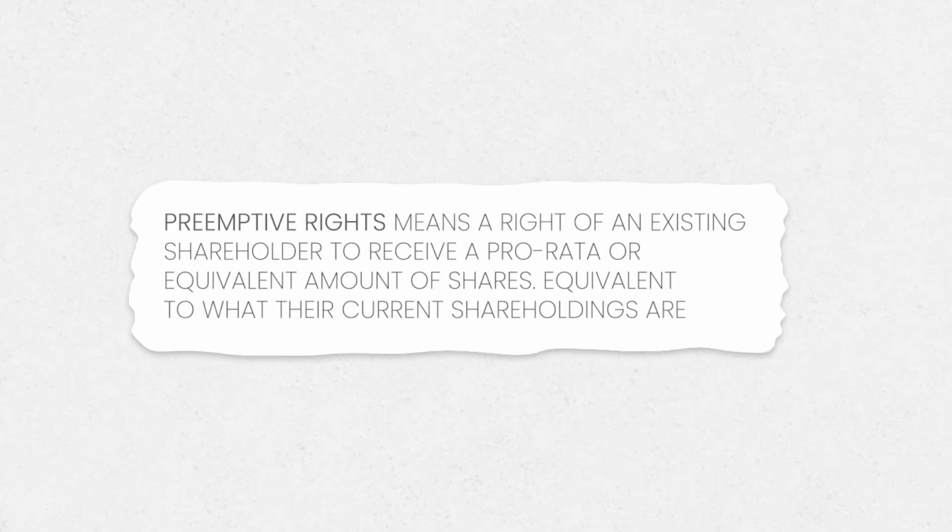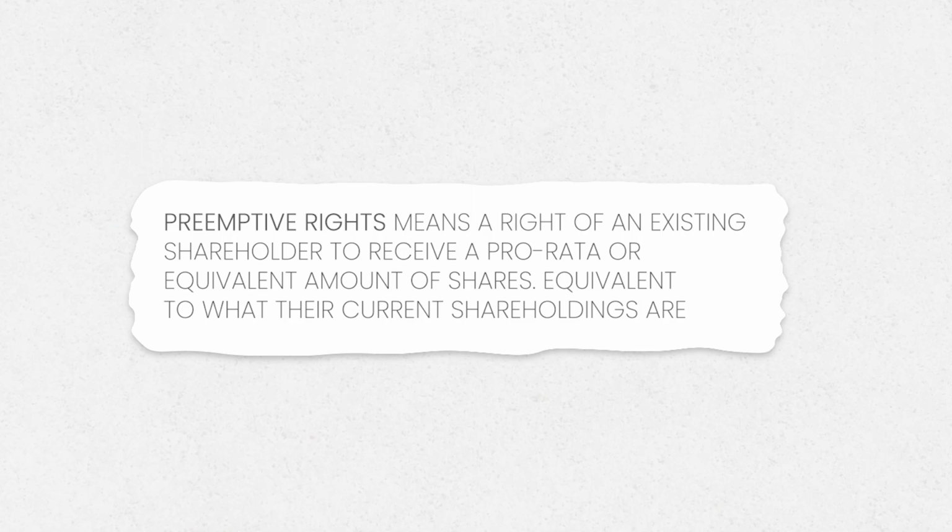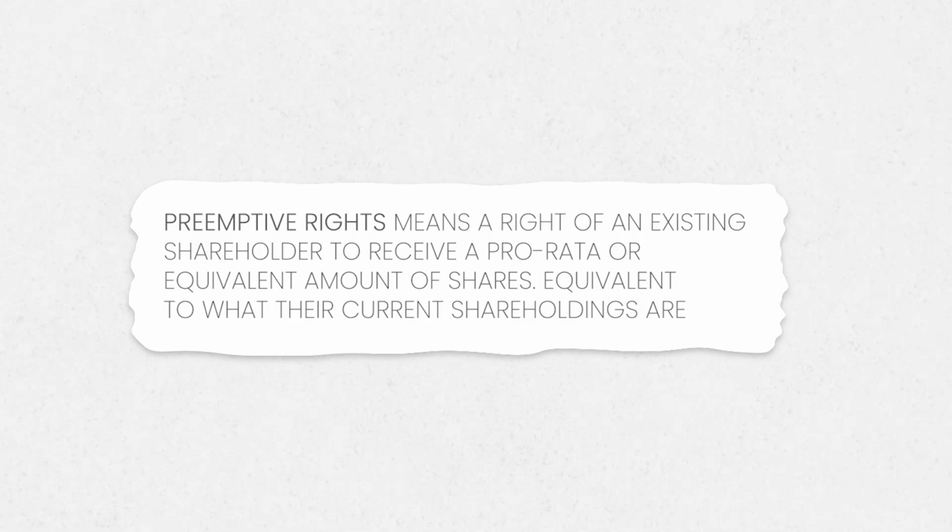Share transfer restrictions may include preemptive rights or approval processes for transferring shares. Preemptive rights means a right of an existing shareholder to receive a pro rata or equivalent amount of shares equivalent to what their current shareholdings are, so that they can retain what they already own and not be diluted.